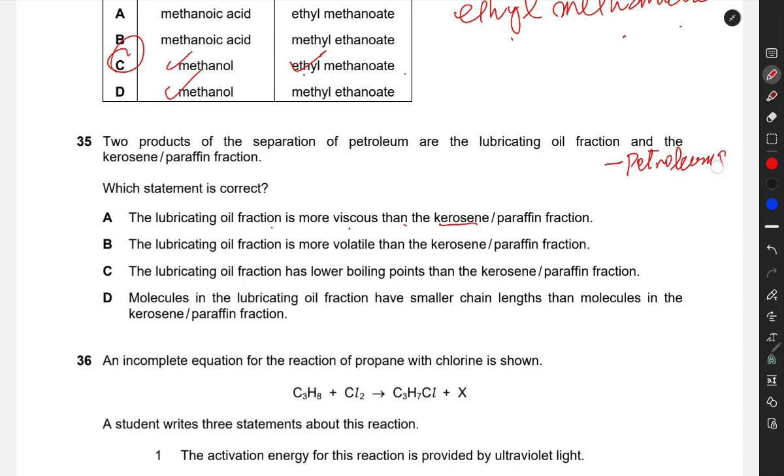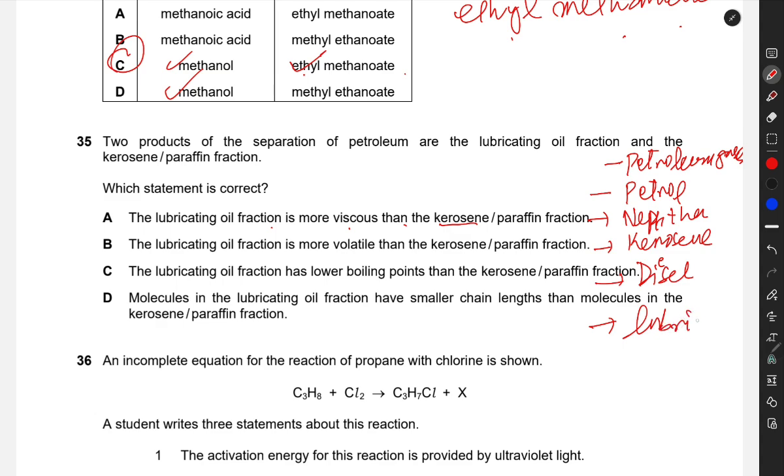At the top, petroleum gases are distilled over, then petrol, then naphtha, then kerosene oil, then diesel, then lubricating oil and bitumen.